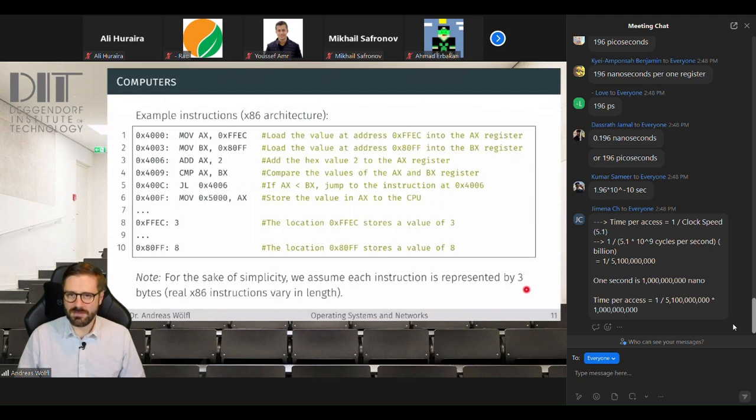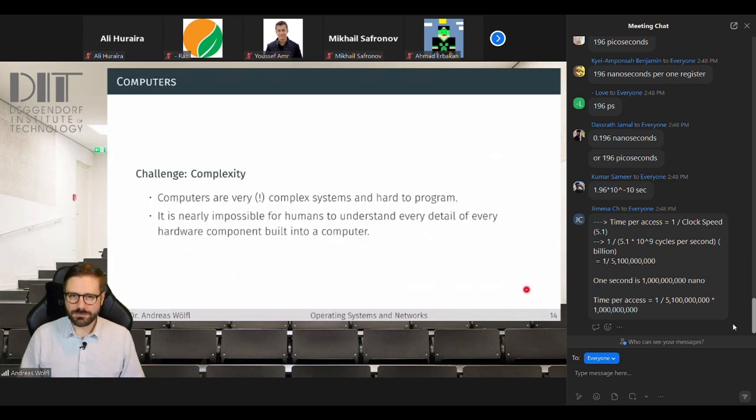So it's not just programming the CPU. I mean, programming the CPU on a hardware level looks like this. It's also programming hardware such as a hard disk controller, or how to get values out of input devices such as a keyboard or a mouse. This is very complex and nearly impossible for humans to understand because the computer is getting complex. In the 80s, we had basic consoles, like maybe someone remembers the Nintendo Entertainment System or the C64, the Commodore 64 computers.